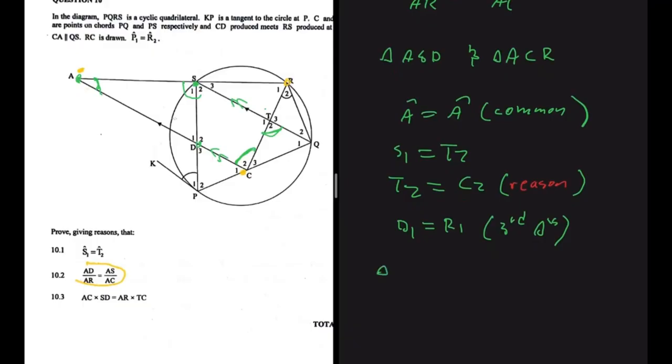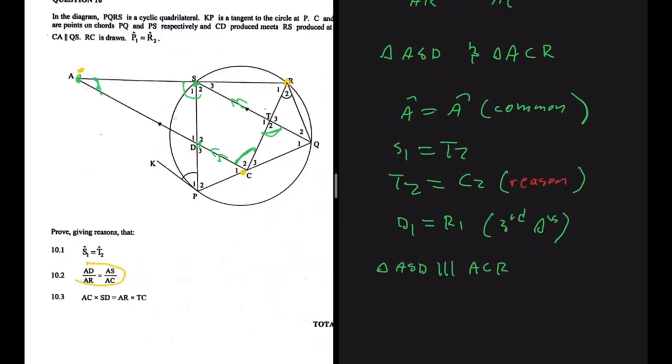So we've proved that ASD is similar to ACR. So now we can say that AD divided by AR is equal to AS divided by AC. We can only have those lines if we've proved that those two triangles are similar to each other.